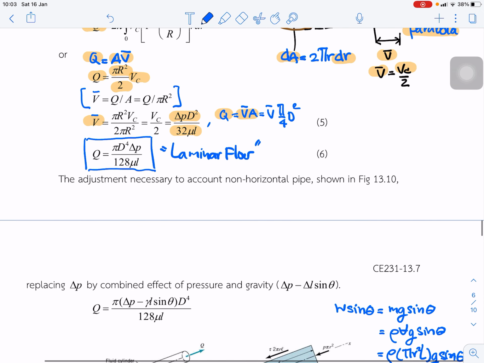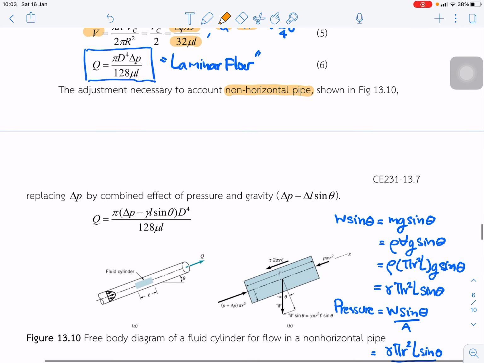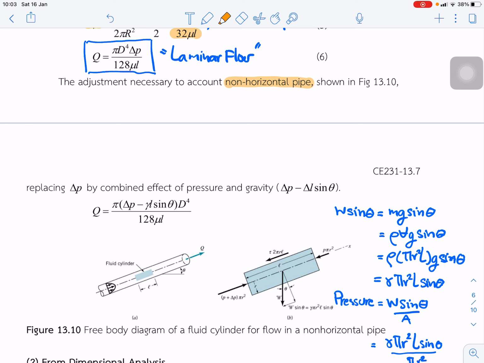The next step is the adjustment necessary to account for a non-horizontal pipe, as shown in the figure below. In this case, if we derive from equation 1, we add one term, gamma sin theta. Delta p over L is equal to 2 tau divided by r.